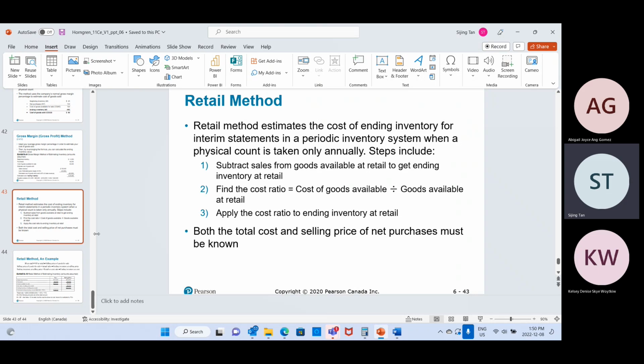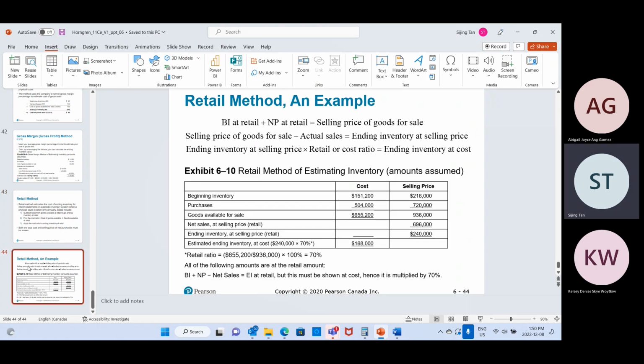Then the cost of goods available for sale at cost, we divide by that at retail. The first step is to deduct net sales revenue, which is cost of goods sold at selling price, from the goods available for sale.